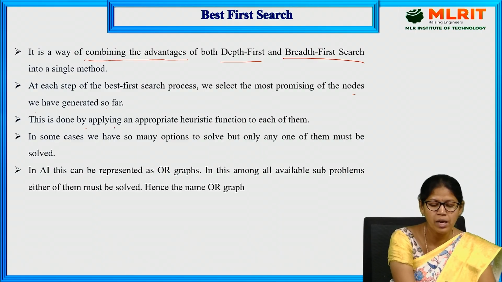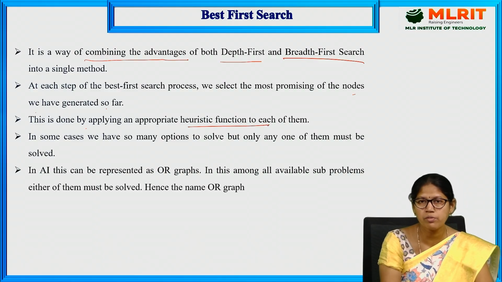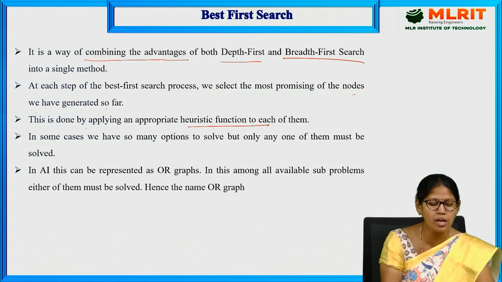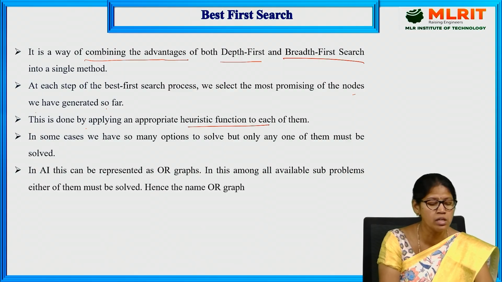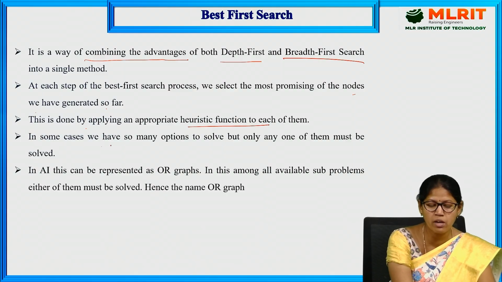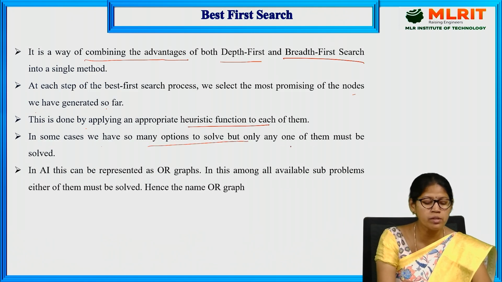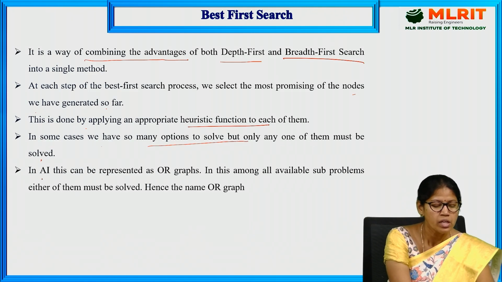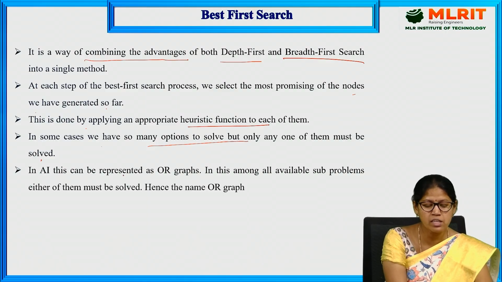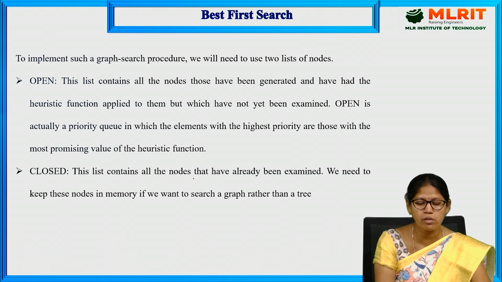This is done by applying an appropriate heuristic function, and the node having the smallest value will be carried towards the goal state. In some cases, we have so many options to solve, but only any one of them must be solved. So here in AI, this can be represented as an OR graph.